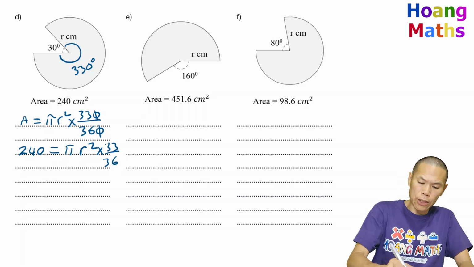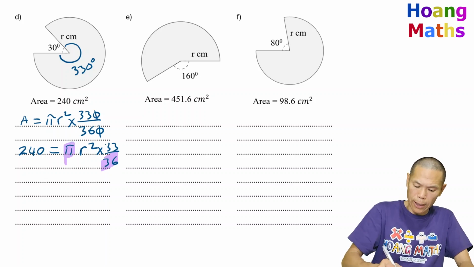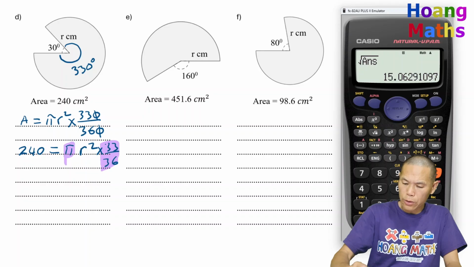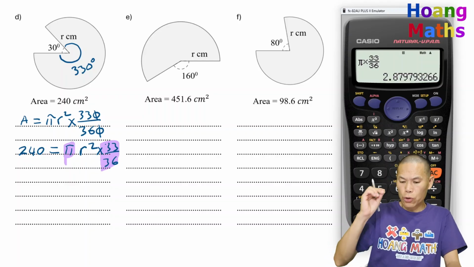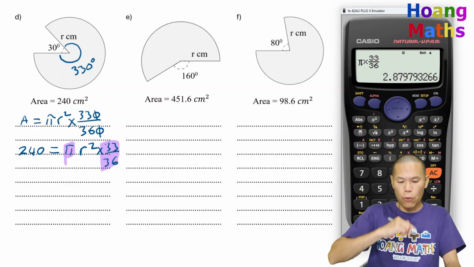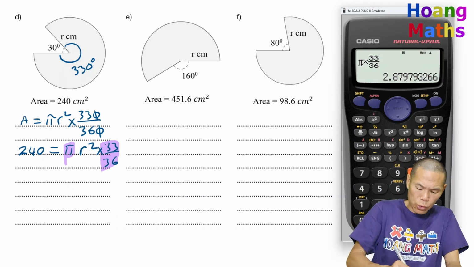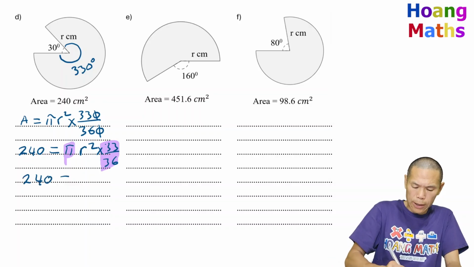So now I can just put that on a calculator. So I just go shift pi times 33 out of 36. Of course, you can put 330 out of 360. So 2.88 for now. So that becomes 240 is equal to 2.88 r squared.